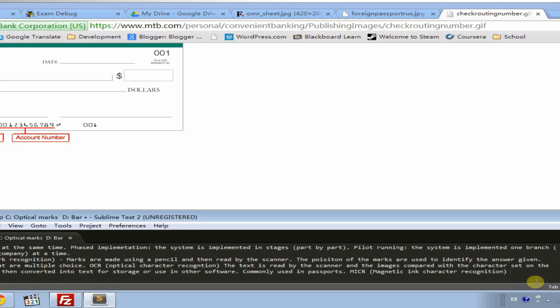So what's going to happen with magnetic ink there is the characters are read by a special reader, by a magnetic reader.